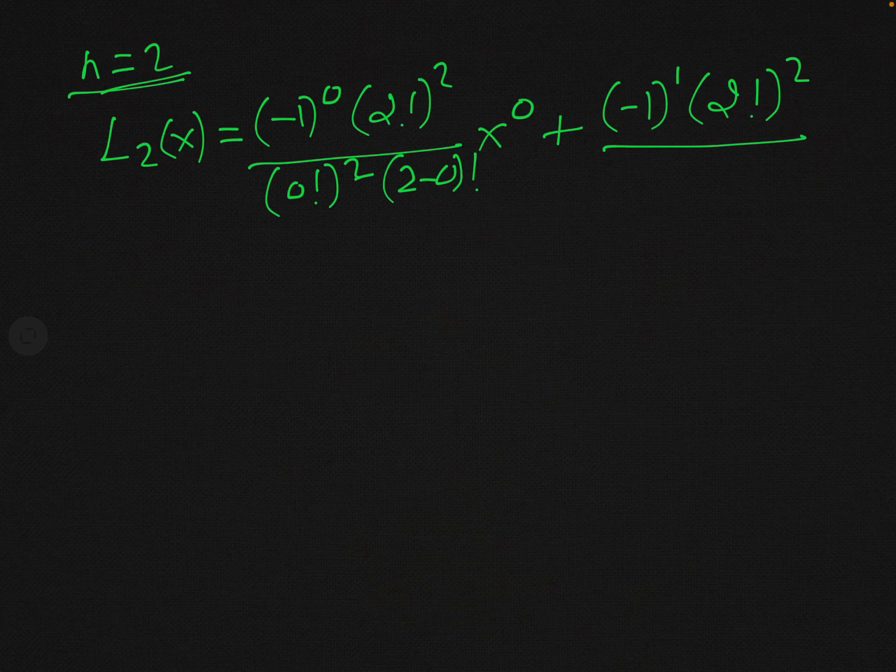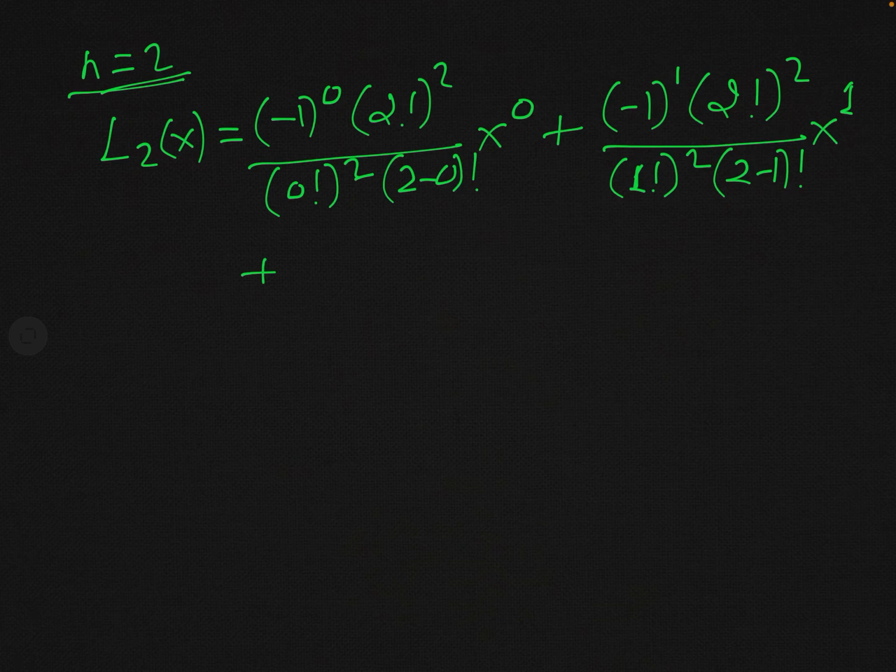This is n factorial square over 1 factorial square, because k is here 1, and n minus k, so this is 2 minus 1 factorial, and x raised to the power k. K is now 1. So this is the second term.